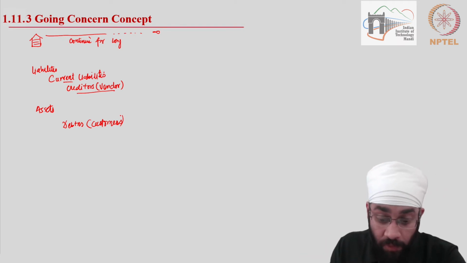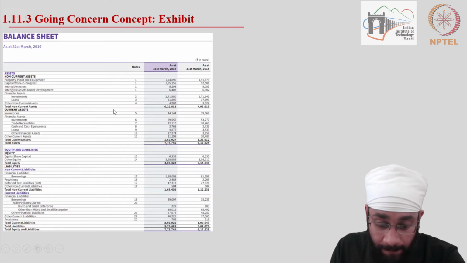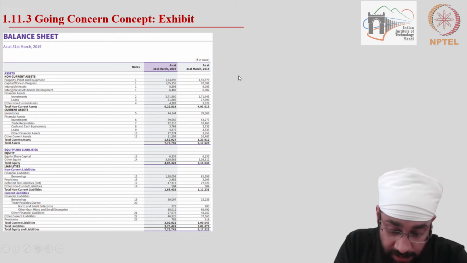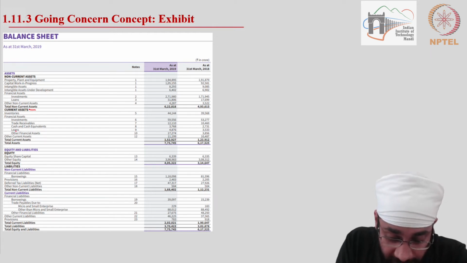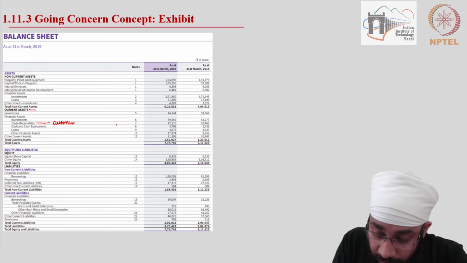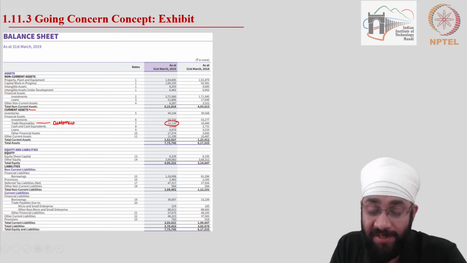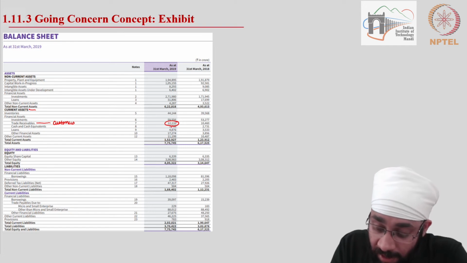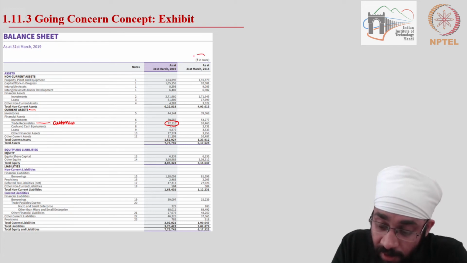Okay, let's move on to an exhibit. So I just showed you that under the current assets you have trade receivables. These are your customers, and the total amount which Reliance Industries has to recover is 12,000 crores.